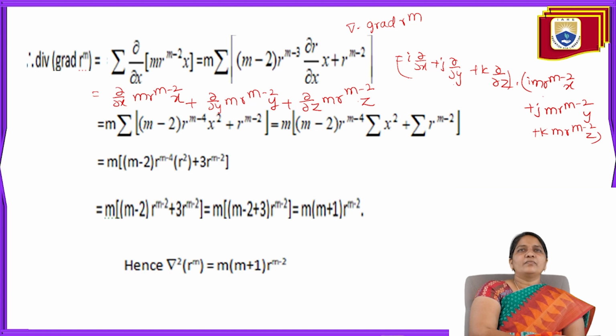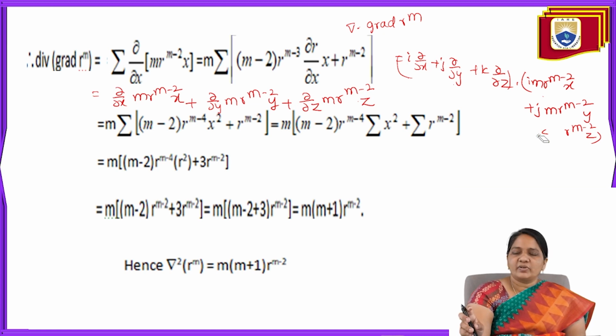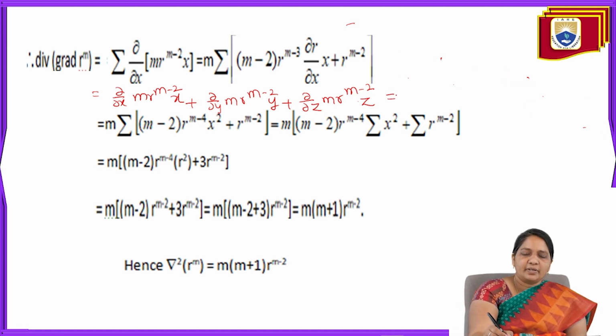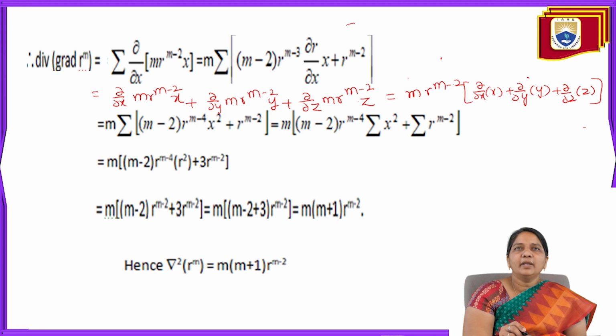So now we are going to do the simplification here. This is finally becoming m, and r^(m-2) is common. So I am taking out m r^(m-2): ∂/∂x of x plus ∂/∂y of y plus ∂/∂z of z.